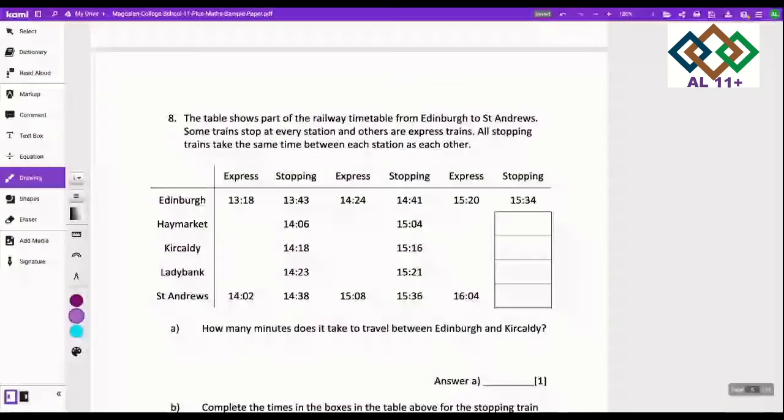Now we are on the train timings. First of all, you have to fill up the time here. The table shows a part of the railway timetable for Edinburgh to Enros. Some trains stop at every station and others are express trains.